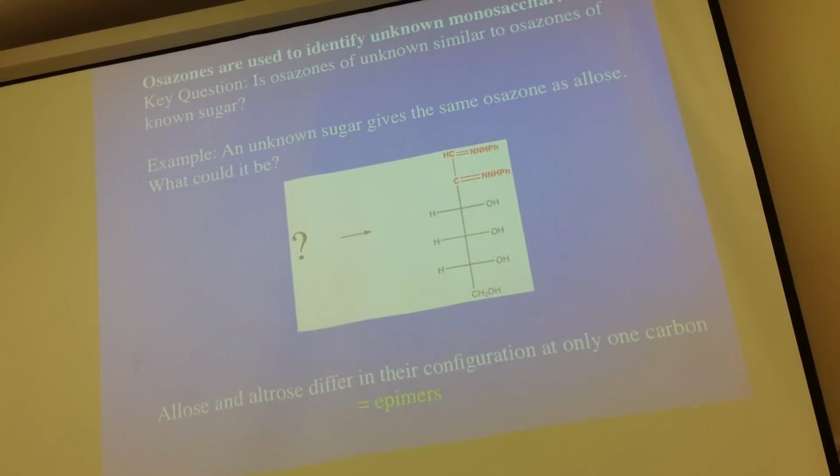There's a word that we're going to hear, epimers. And that is to describe 2 sugars that have everything the same, except for one chiral carbon is different. That's an epimer. So it's a very specific kind of stereoisomer. Okay, only one carbon differs. And it does not have to be the first one. It could be the second or the third or the fourth. Epimers.